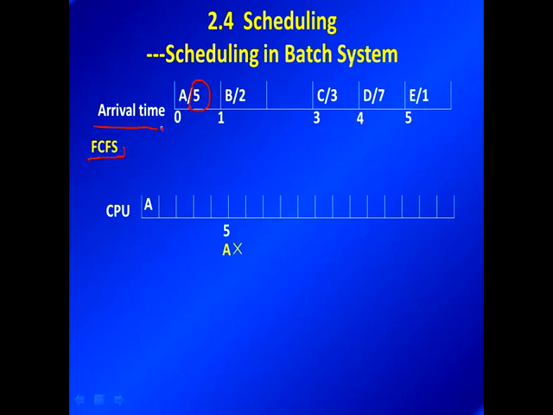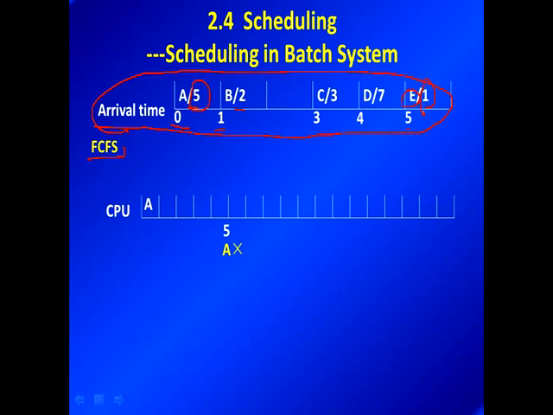Here, I strongly suggest you represent the scheduling problem like this, with these circled parts, so you can see it clearly that A arrives at 0 and its runtime is 5. For job B, it arrives at time 1 and its runtime is 2. And similarly for job E, it arrives at time 5 and it needs 1 unit to execute its instructions.